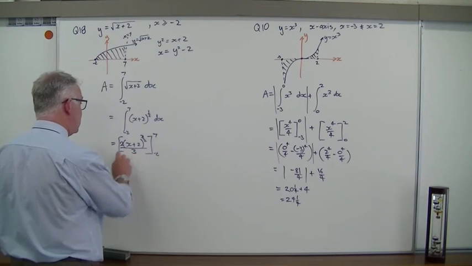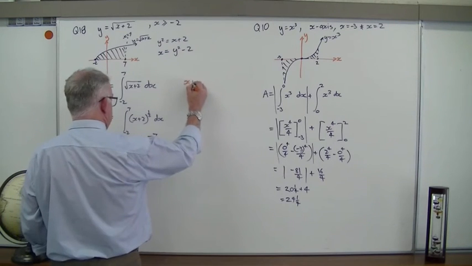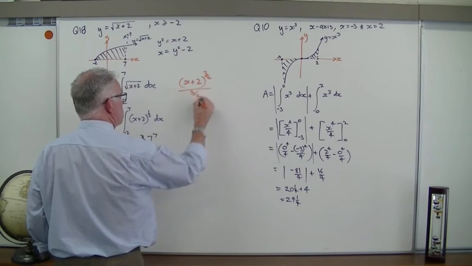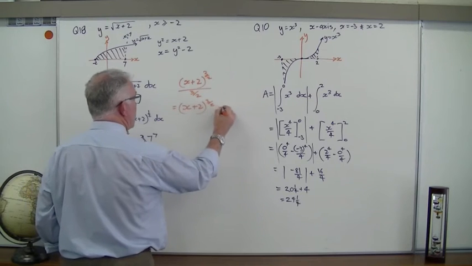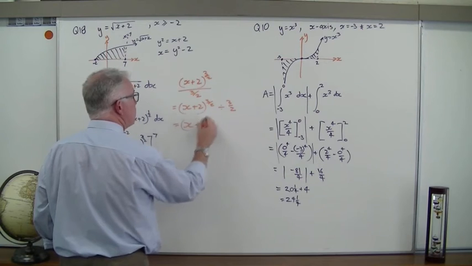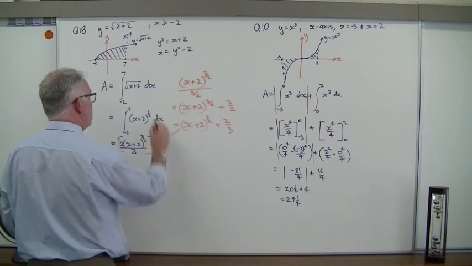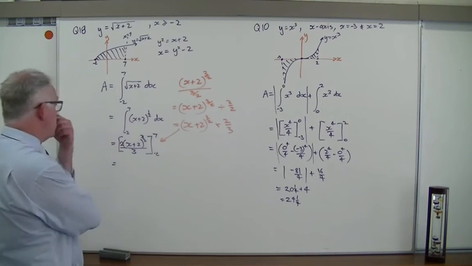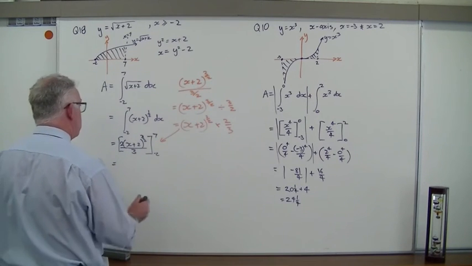It's not a hard investigation, but you can start off with the expression x plus 2 to the power of 3 on 2 all over 3 on 2, and then write it as x plus 2 to the power of 3 on 2 divided by 3 on 2, which is equal to x plus 2 to the power of 3 on 2 times 2 on 3, and voila. That's the sort of thing you should be able to do by yourselves quite straightforwardly.